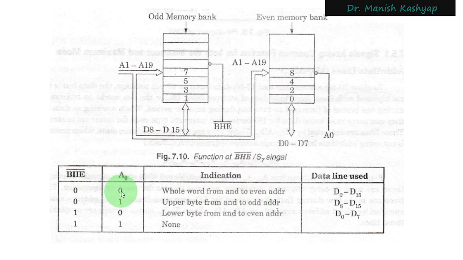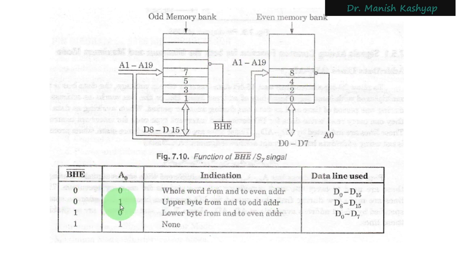A0 will be equal to 0, in which case the even memory bank will be active, and BHE bar will also be equal to 0. If BHE bar is equal to 0, that means BHE is equal to 1, and that means the odd memory bank will be activated. We will see how these two are activated in a short while, but this is the table that we have already studied.